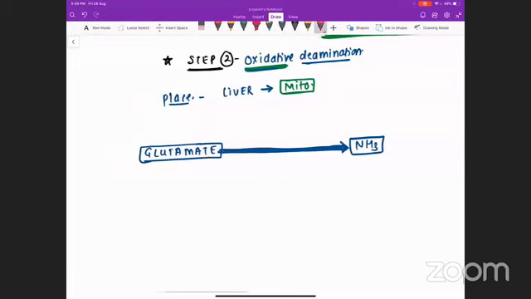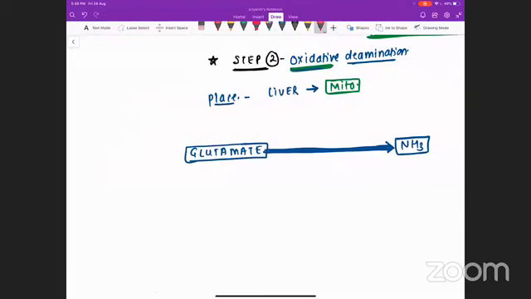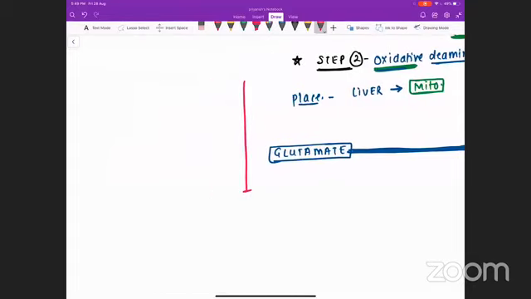We are going to use several thumb rules in our biochemistry. This is the first thumb rule that I am telling you. You can write it at the top of your page. The thumb rule is, in any reaction, if there is NAD, NADH or FAD, FADH, if these molecules are there in that particular reaction, the name of the enzyme is going to be dehydrogenase.